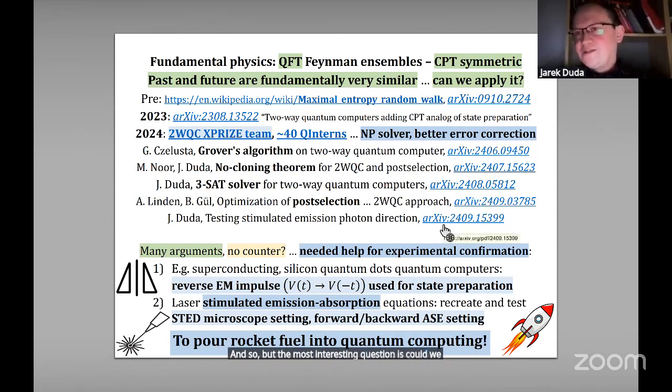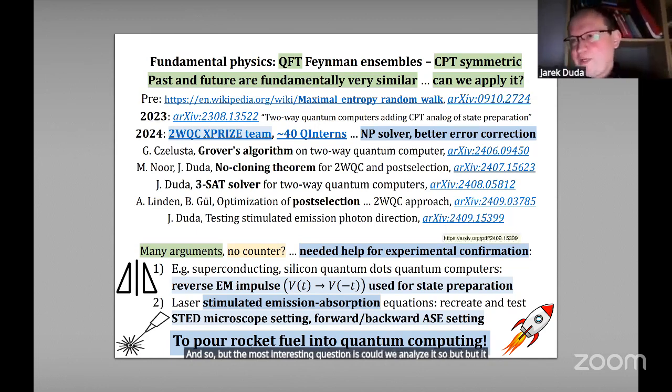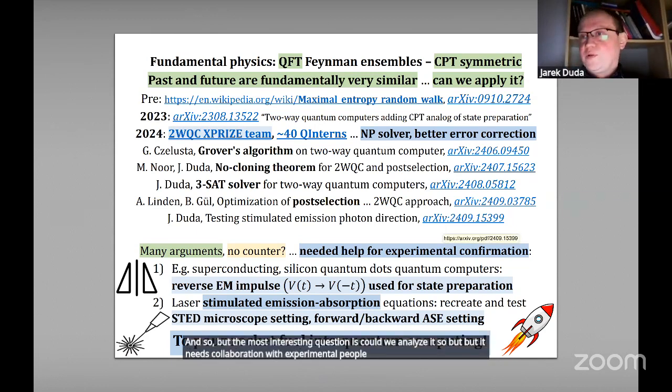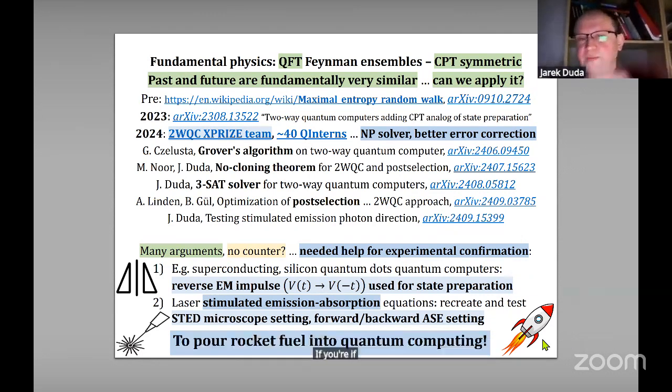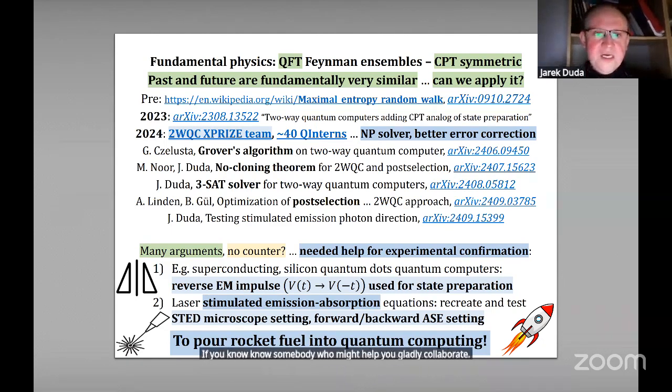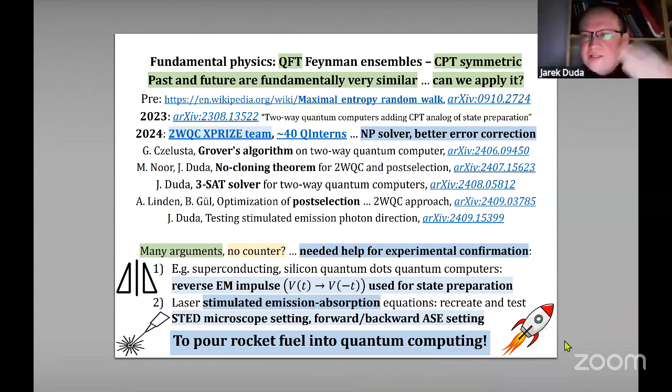It needs collaboration with experimental people, for example, experts in superconducting quantum computers. I think this is the closest direction, or with photonic quantum computers. So there are these two ways. If you are, or know somebody who might help, we would gladly collaborate to get essential improvements.